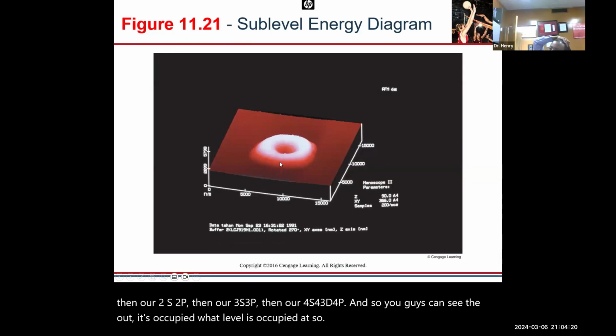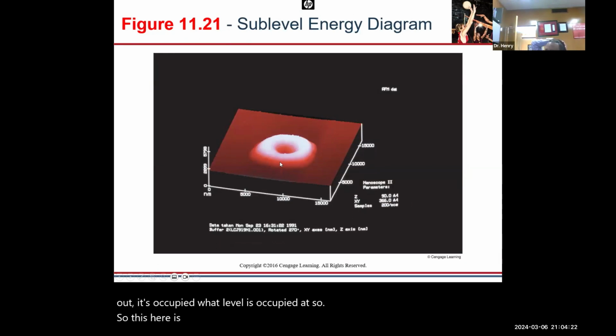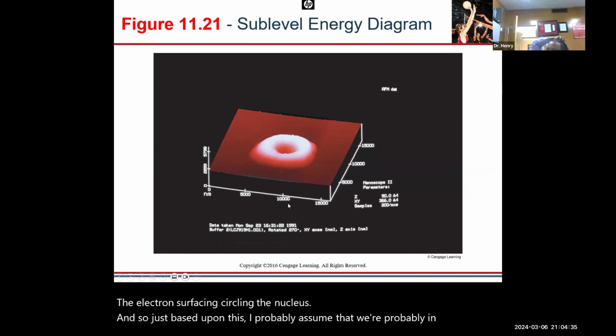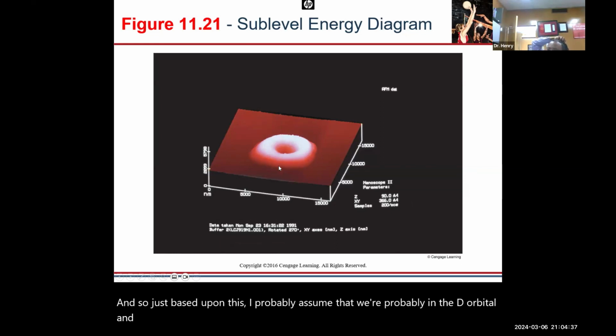This here is an image of the electron circling the nucleus. Based on this, we're probably in the d orbital, and the part that we've seen is just that donut around in one of the d orbitals.